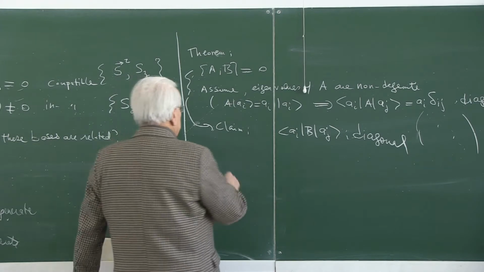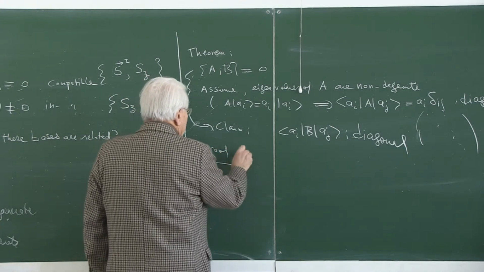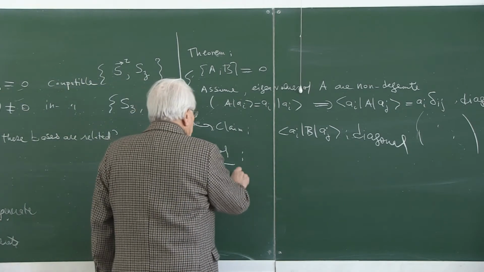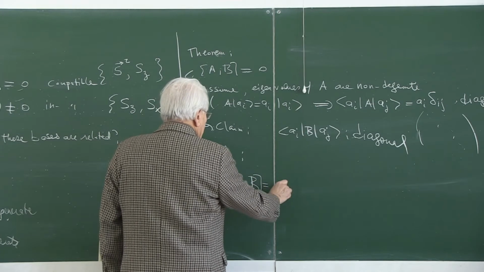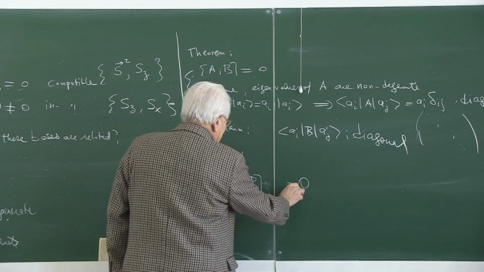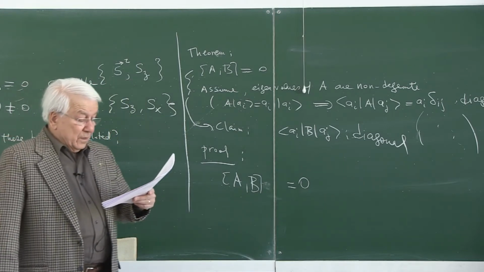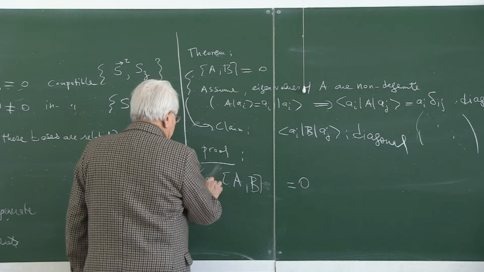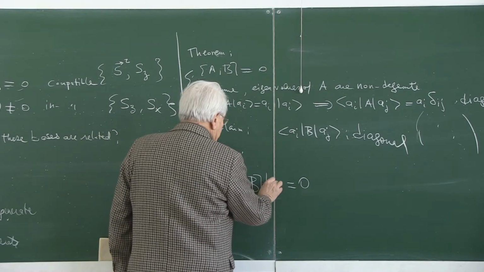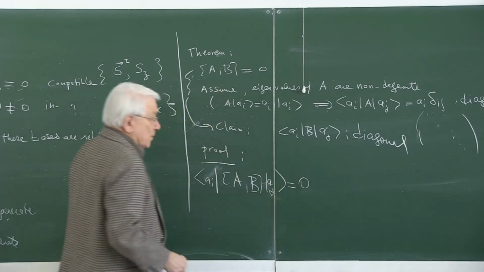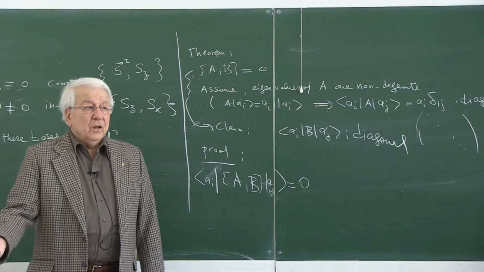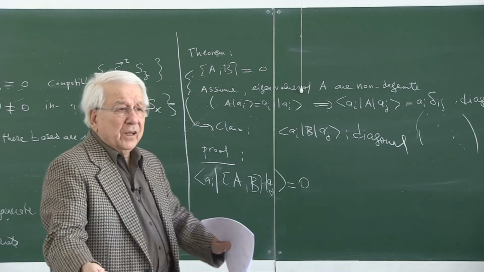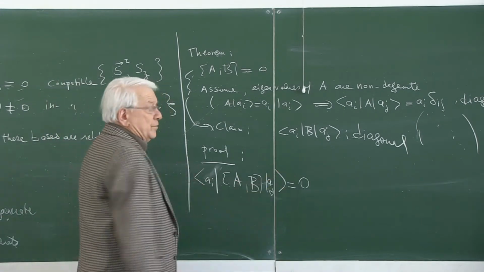Let's give a quick proof of this statement. What do we do? We take the compatibility condition and then we take the matrix element of this operator equation between the eigenstates of A. If it is valid as an operator equation, when you consider any arbitrary matrix element between a_i and a_j in the A basis, you still get 0.